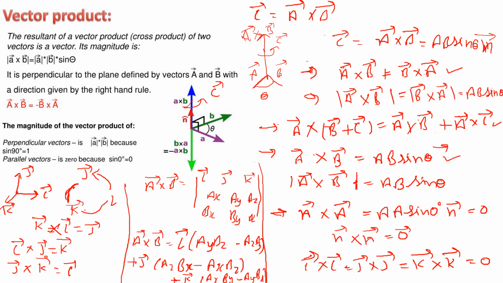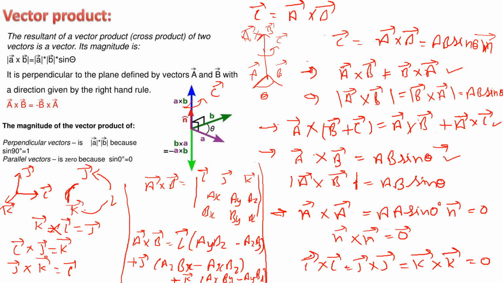Then we can also find the value of theta. Theta is equal to sine inverse of the magnitude of A vector cross B vector by the magnitude of A vector times the magnitude of B vector.